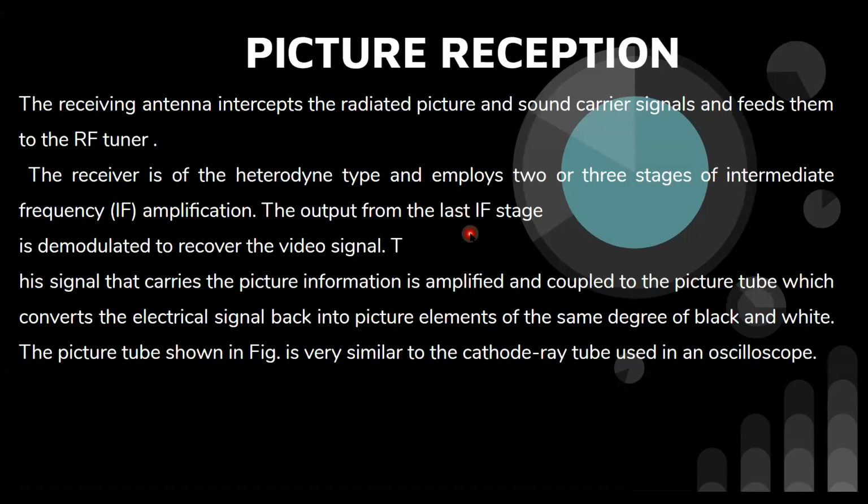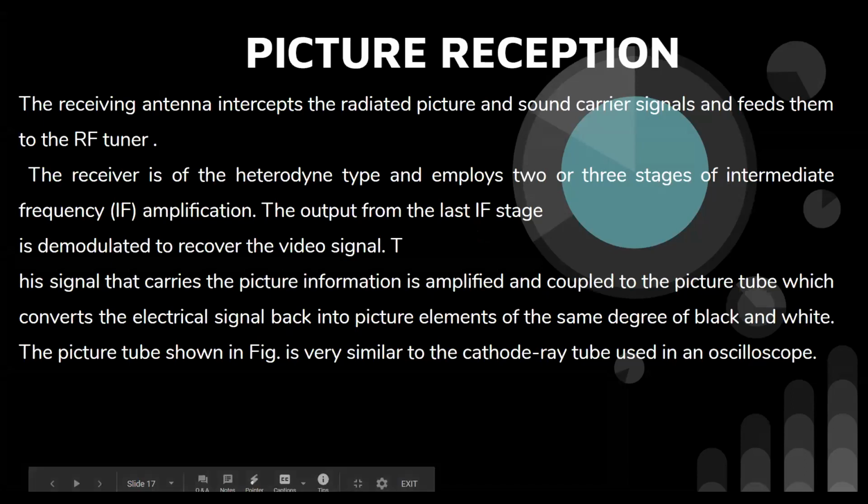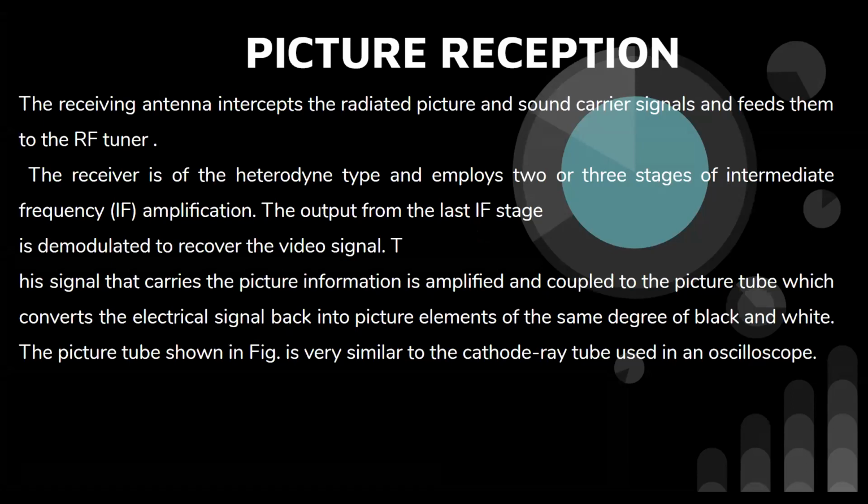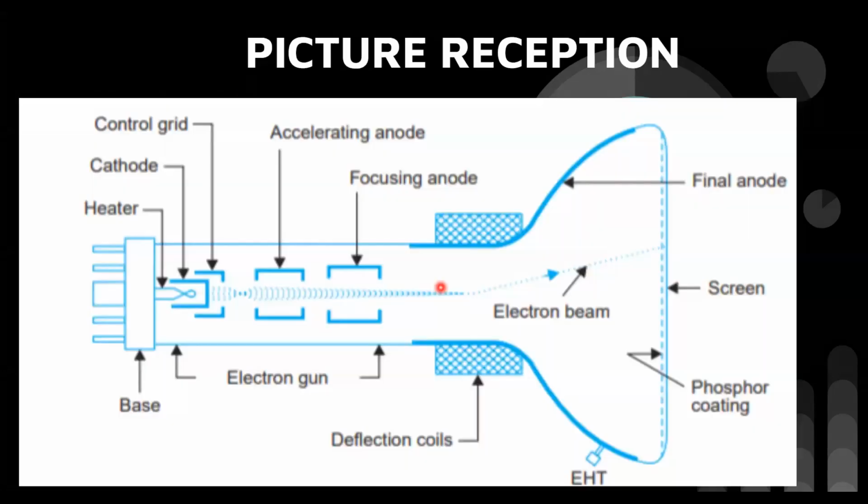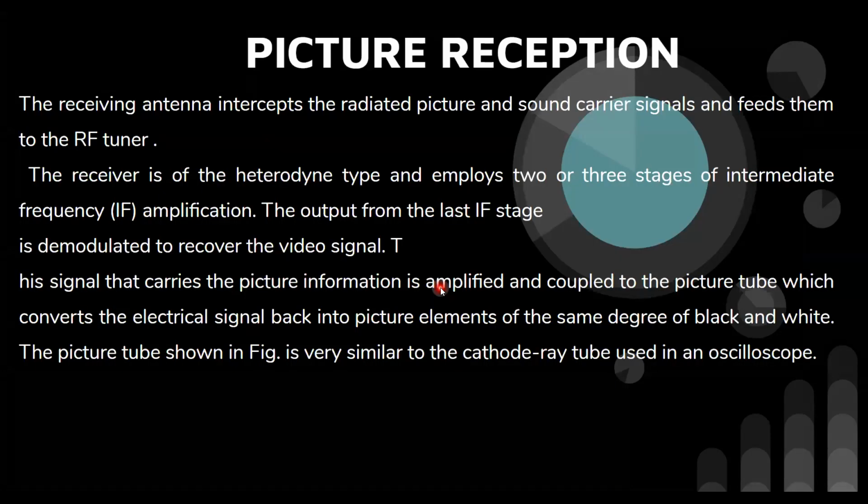So this will happen. There is a video signal, and this corresponds to this brightness. The changes are encountered by the electron beam, which will scan the picture element by element, developing across the screen.